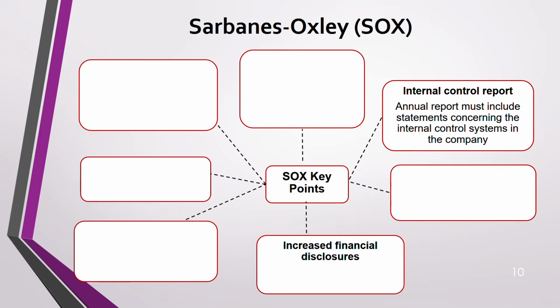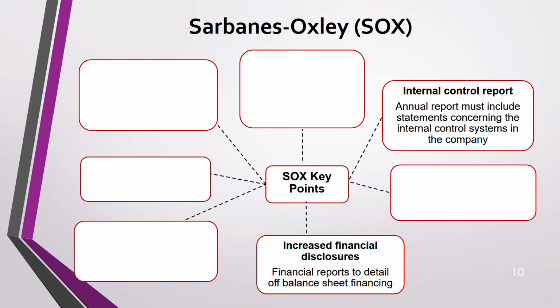Next, increased financial disclosure. Earlier, financial disclosures were not so extensive. That's why it was very easy for Enron. They easily hid their off balance sheet financing. So now they say, no, increase your financial disclosure. Financial reports must detail off balance sheet financing, mostly leases and everything, and your financial instruments, derivatives, everything, because it's very easy to hide these things.